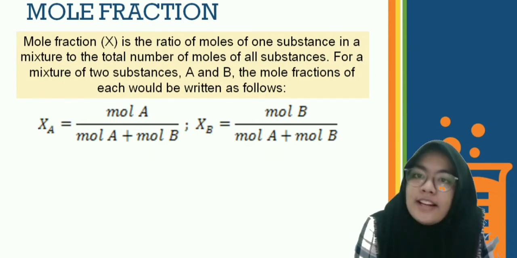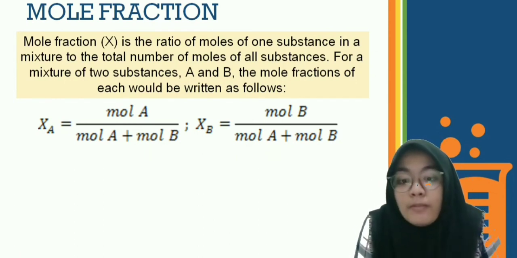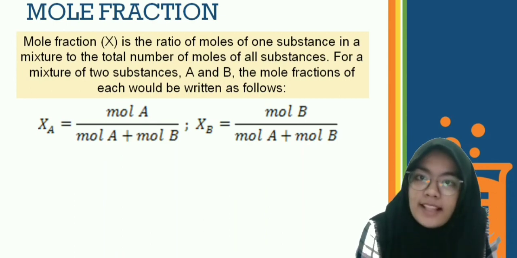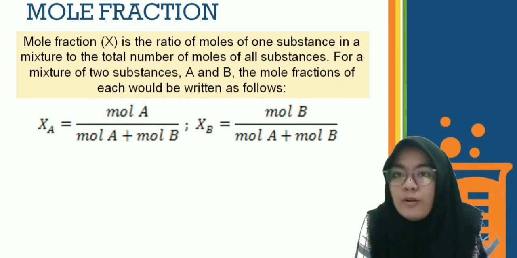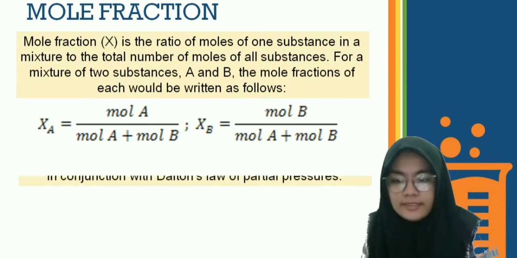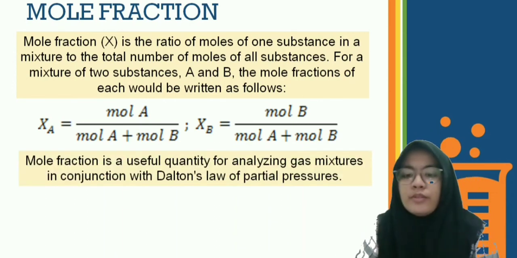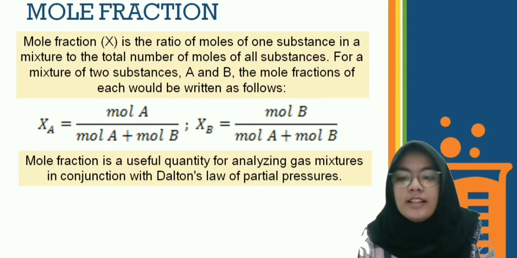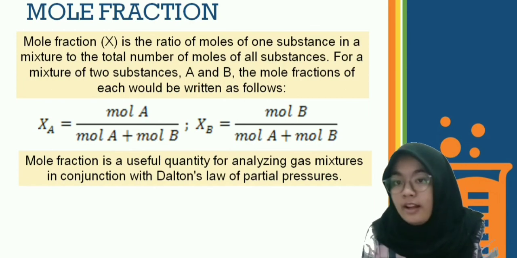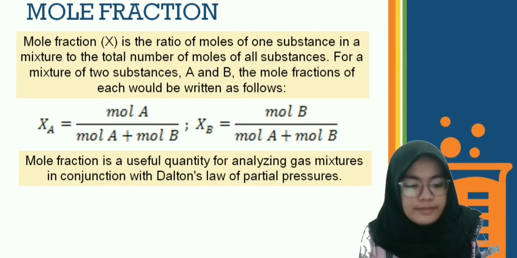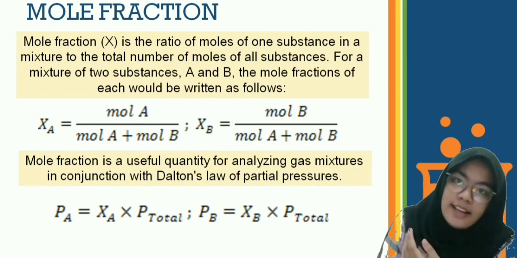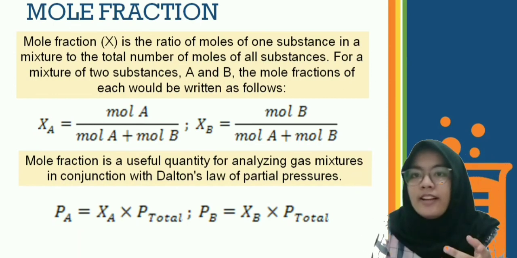XA is mole A divided by mole A plus mole B. For XB it is mole B divided by mole A plus mole B. Mole fraction is useful to quantify and analyze gas mixtures in conjunction with Dalton's law of partial pressure. And there is the calculation you can see in the slide.